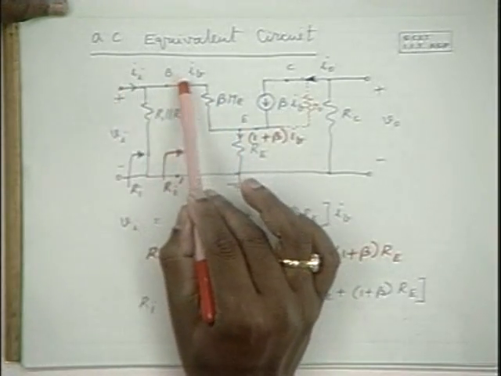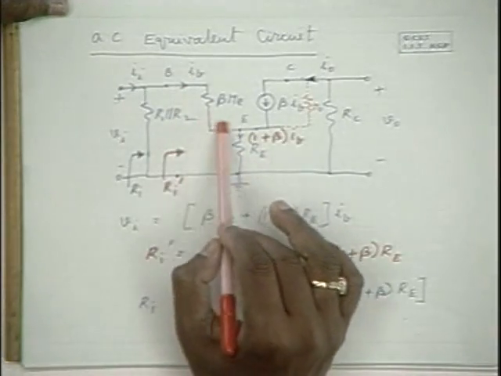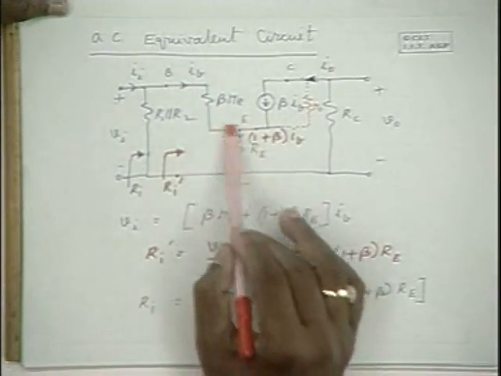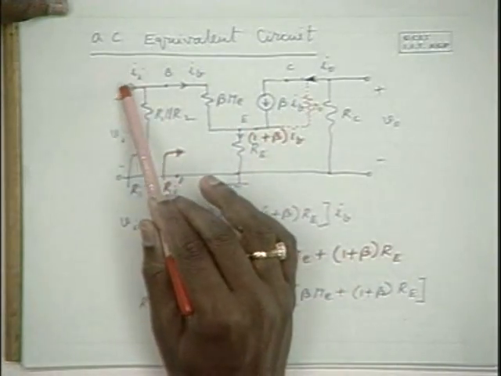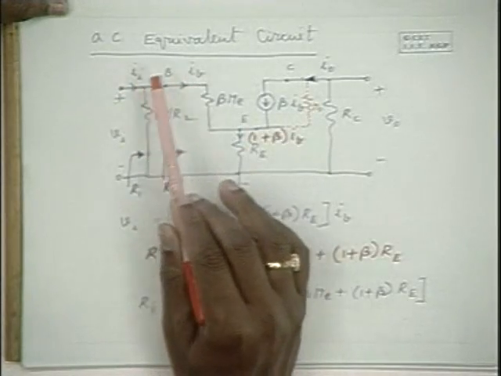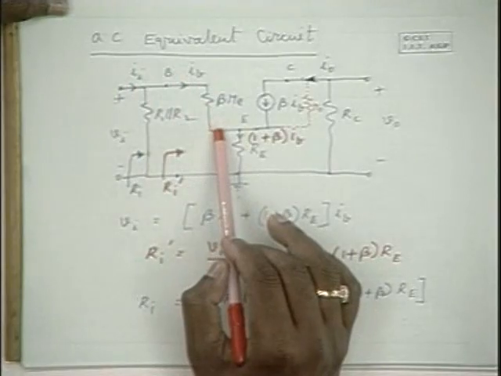Therefore, this current to this current ratio is almost unity, because this is a very small resistance, and the current division is such that almost the entire current flows into the base.